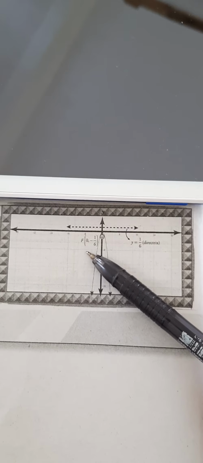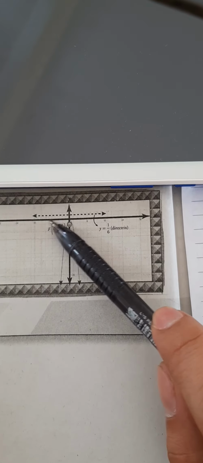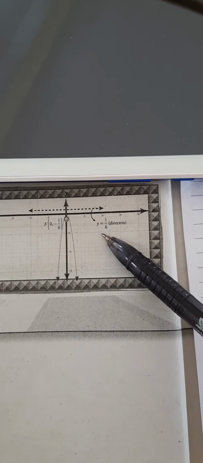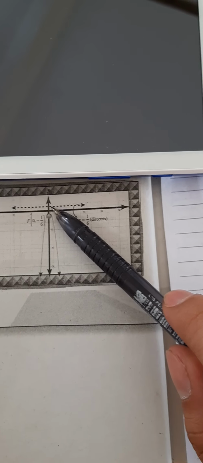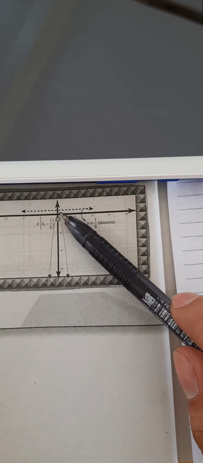The focus is on the point 0, negative 1 over 6. So we have it here. We just do some estimation. And next, the line of our directrix on the opposite side of our vertex is y equals 1 over 6. Just do some estimation in plotting the points or the graph of your parabola, the focus, and the directrix. So that's all.